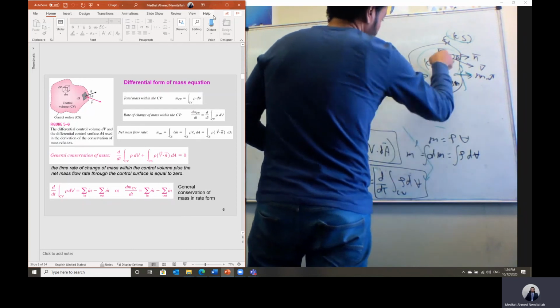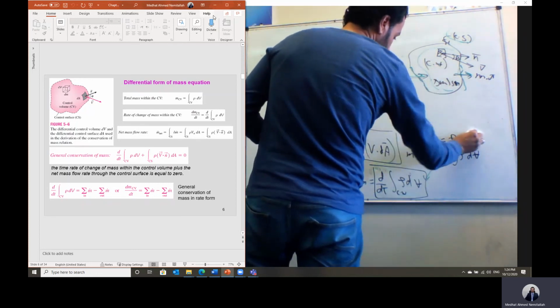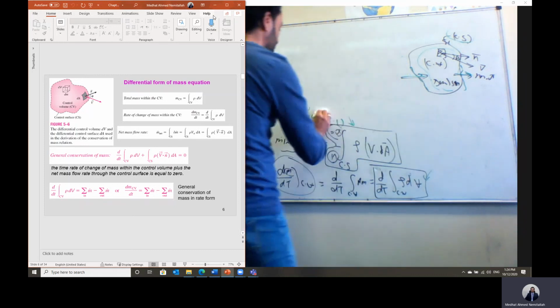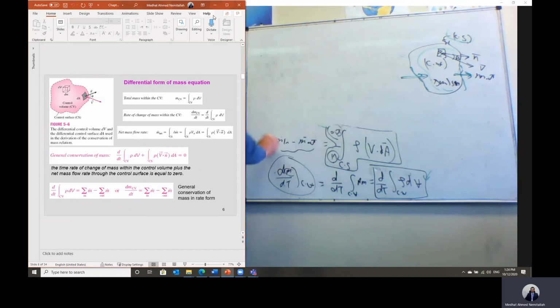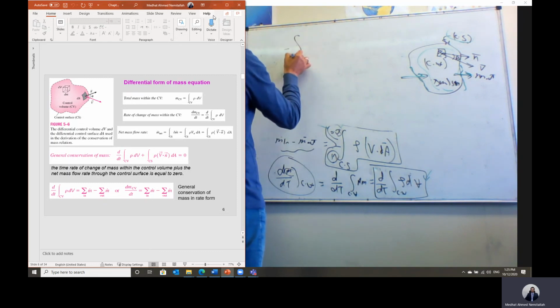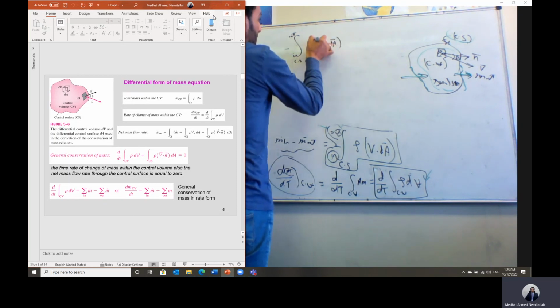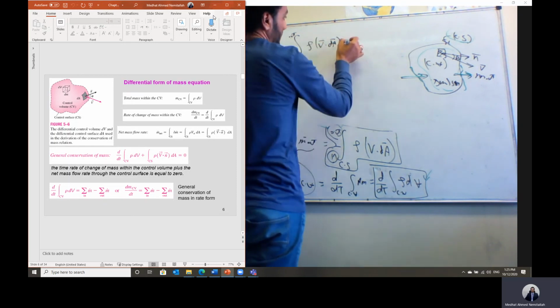So this is something for your knowledge. To get the differential form, I have to take an element, and then we have to do the integration through this element to calculate the total mass flow rate through the system. So the first term, mass flow rate in minus mass flow rate out, should equal to minus integration over the control surface from the inlet to the outlet of rho multiplied by velocity multiplied by delta area.